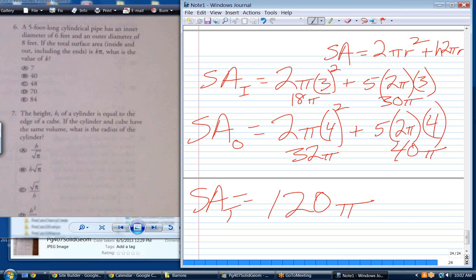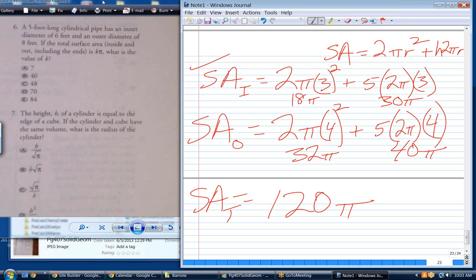Okay, since that's not going to give us an answer, there's no k equals 120 there. What did we do wrong? The surface area that I calculated for the inside was basically a right cylinder of radius 3.